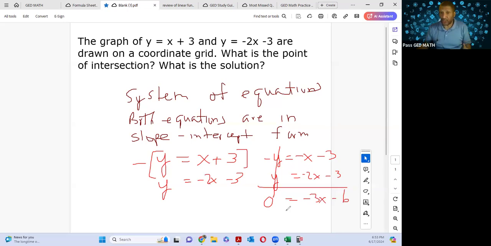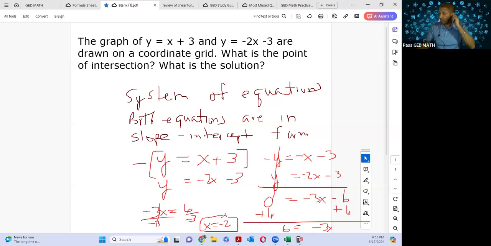Again, this is a two-step algebraic equation, so we add 6 to both sides. We get minus 3x equals 6. Divide both sides by negative 3. The negative 3's cancel, and x is equal to negative 2.